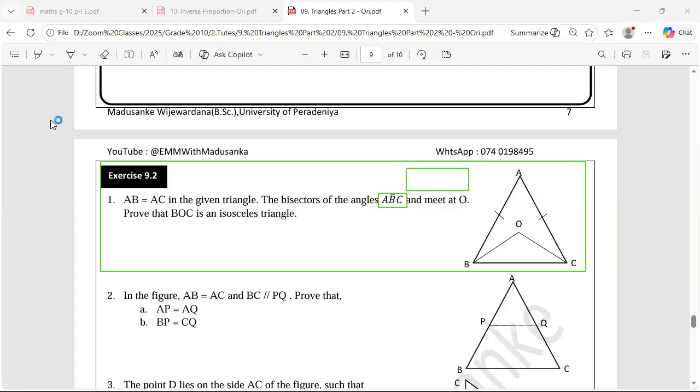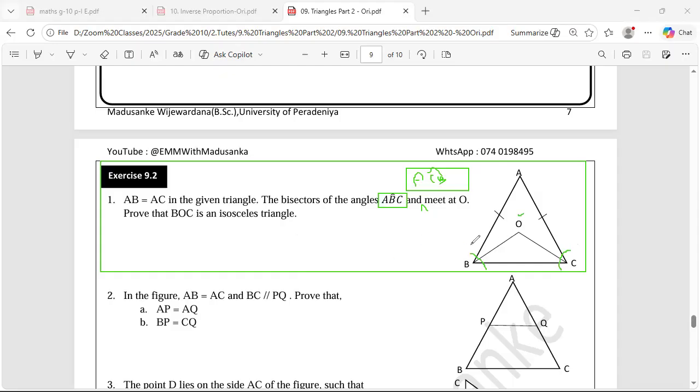Now write down ACB angle. AB equals AC in the given triangle. The bisectors of the angles ABC and ACB meet at O, right here. Prove that BOC is an isosceles triangle.